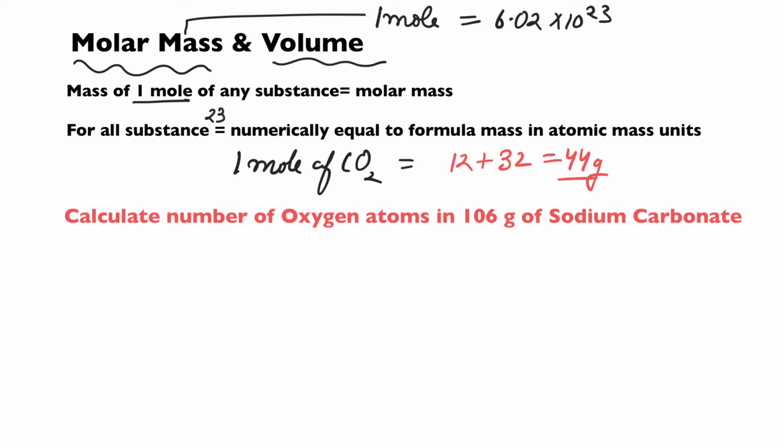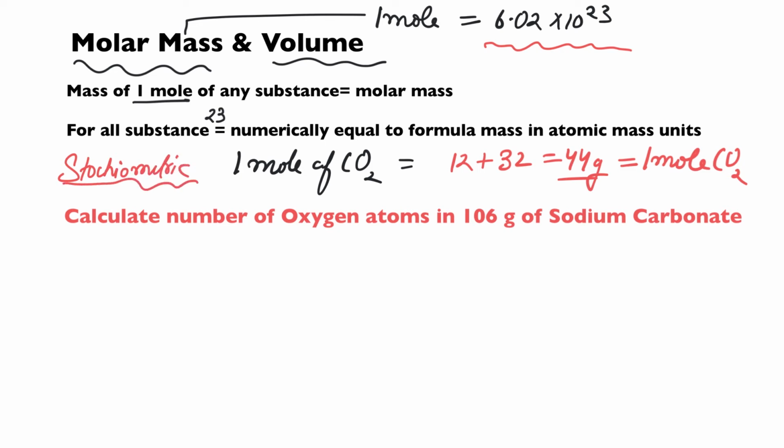So when I say 44 grams of carbon dioxide, that will be 1 mole of carbon dioxide, and that will be 6.022 times 10 to the power 23 formula units. Now, this thing can be used in a very interesting way for stoichiometric calculations. There's a separate video on stoichiometric calculations which will be linked just down below.